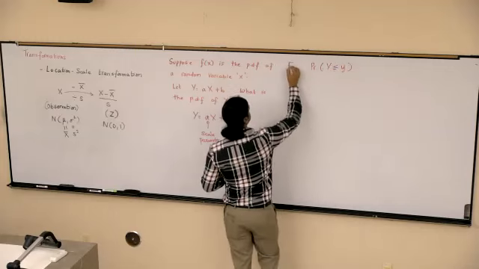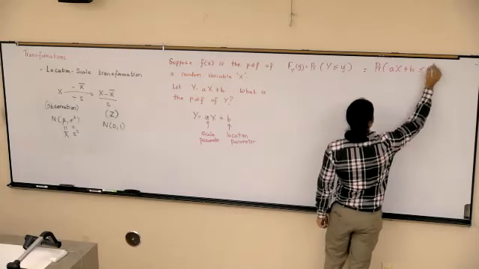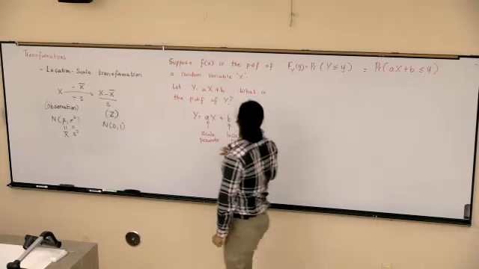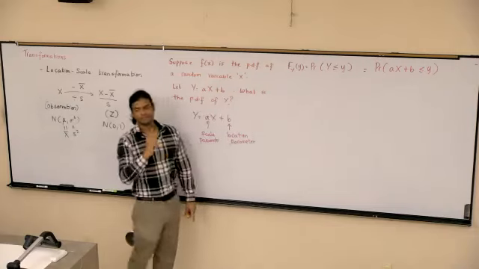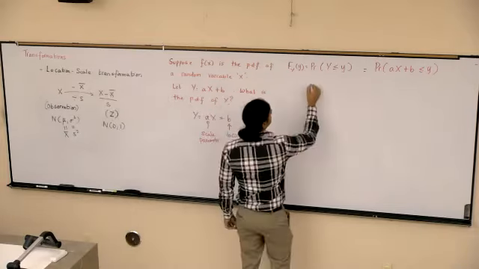We typically start with the CDF of Y. Now, Y is A times X plus B. And subtract B on both sides.